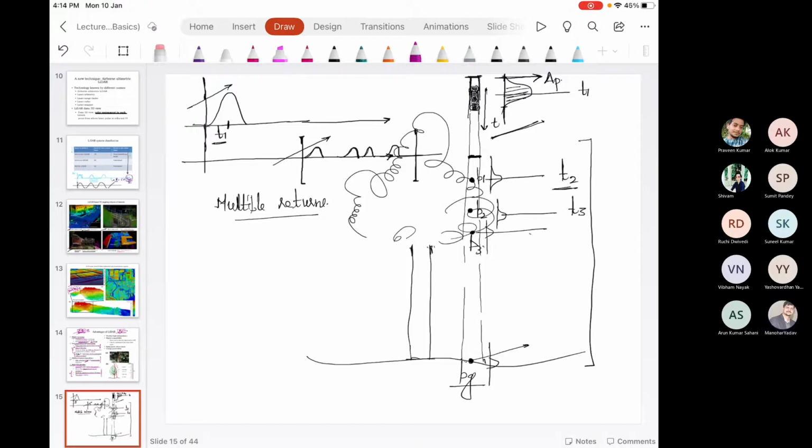What happens in aerial imaging? This is the camera, and this is its field of view. When you click the image, you will only get pixels of the outer surface. You don't get information of all these areas in photographs or images.